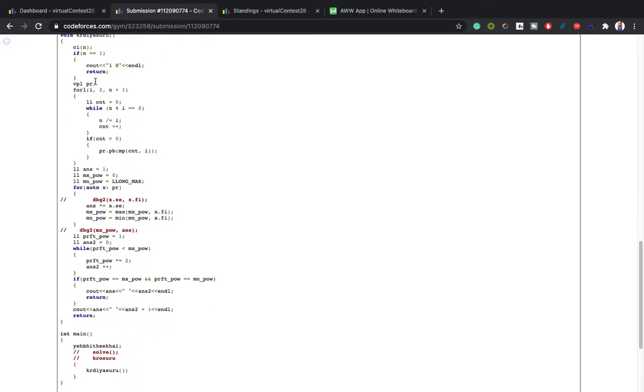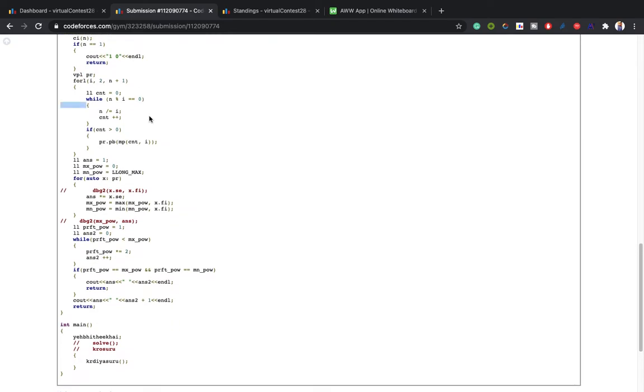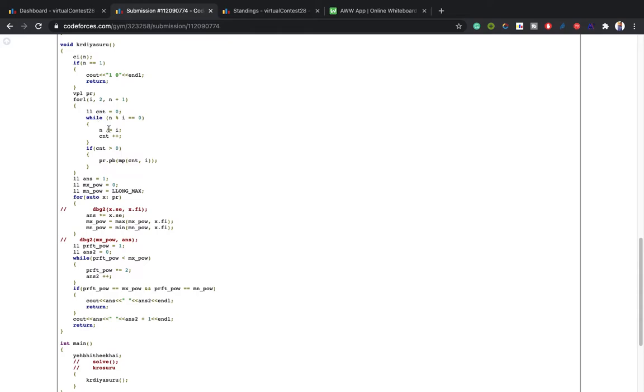Initially, what I did is I took a pair vector. Here I am storing the prime factors. We are given n, and storing the prime factors which divide n, and storing the frequency of their powers, where i is the prime factor.